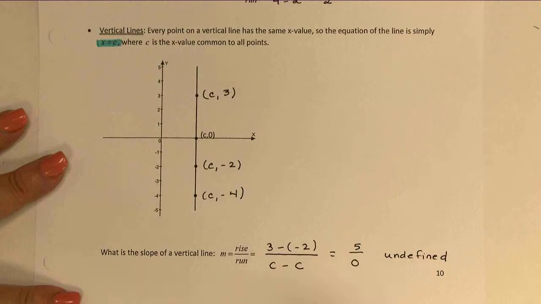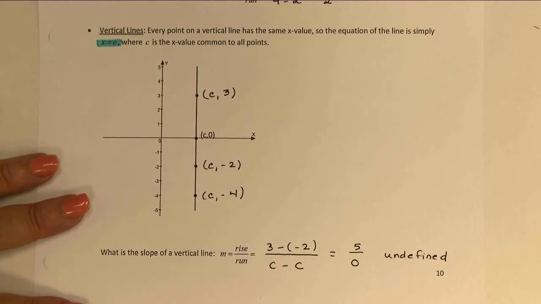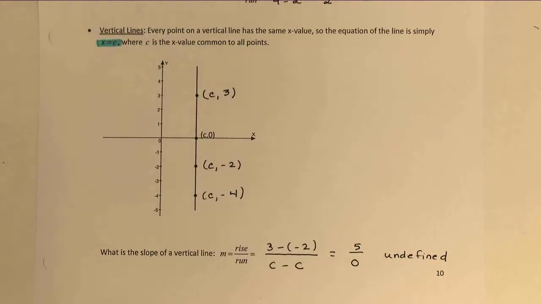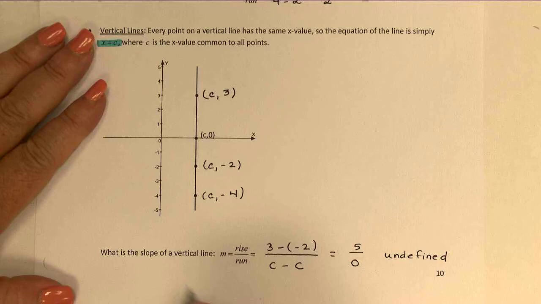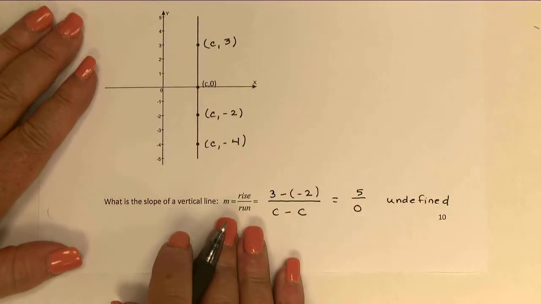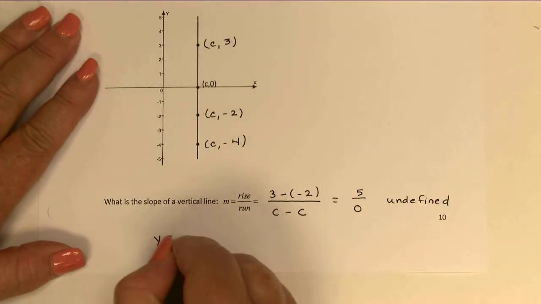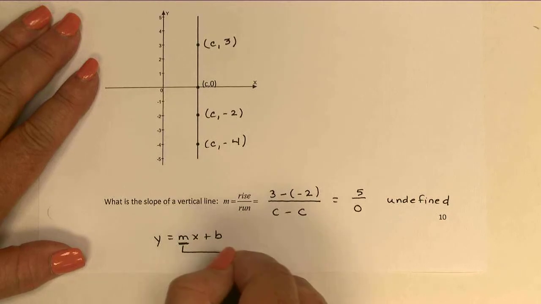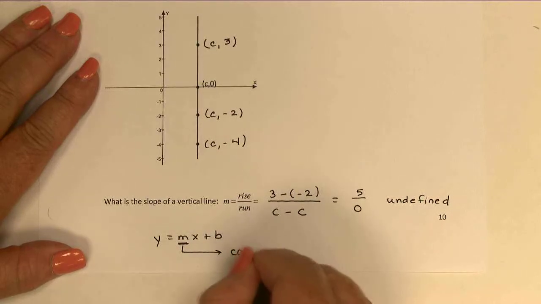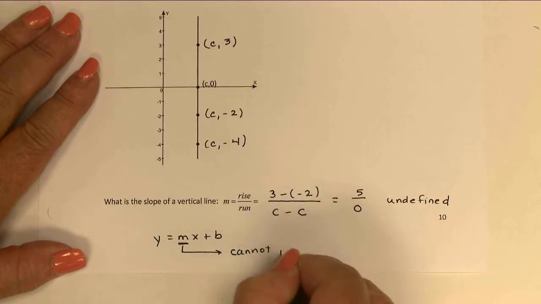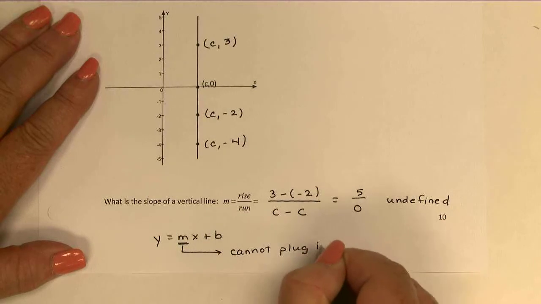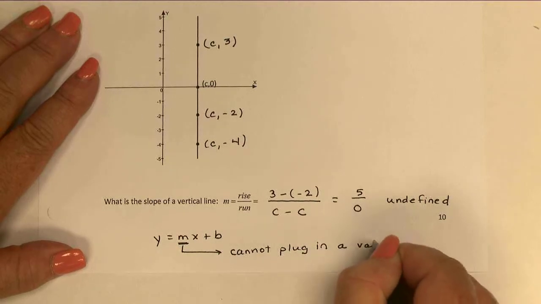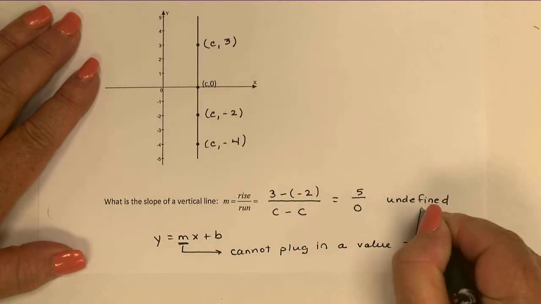So, the slope of the line is undefined, which makes it impossible to plug values into the equation y equals mx plus b, because our m is undefined.